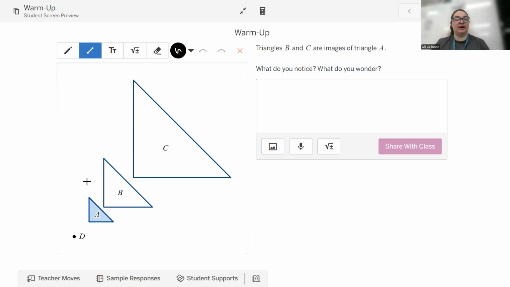Okay, one thing I want you guys to notice, if I was to take the straight line up here and drag a straight line through point D and then the top of triangle A, it's going to hit the top of each triangle B and C as well. If I was to continue to drag this point through the middle one on A, it's going to go through the middle one of B and C as well.